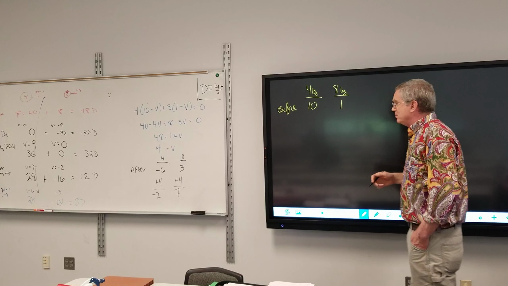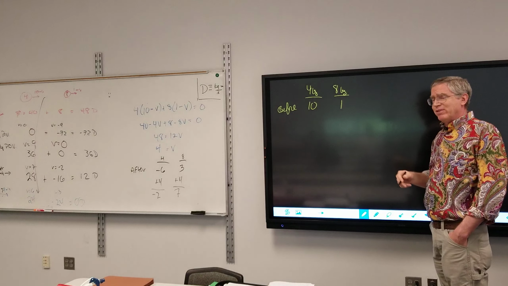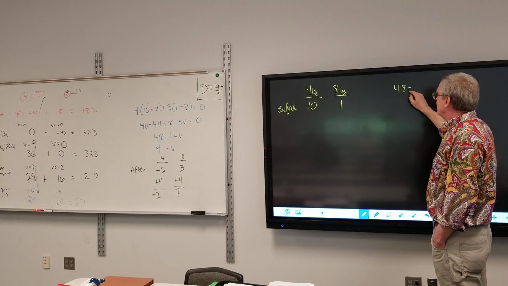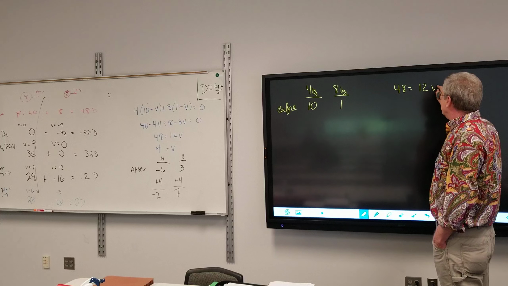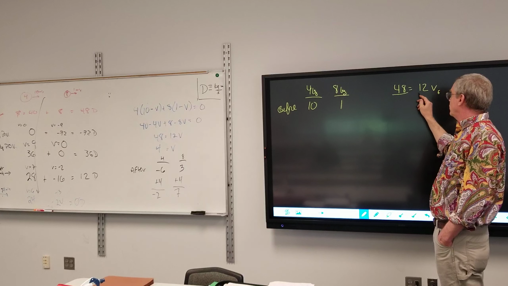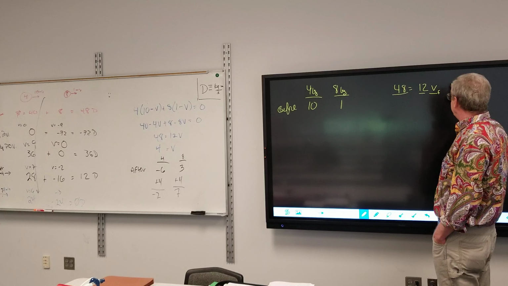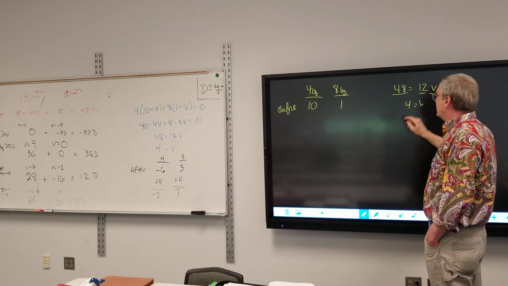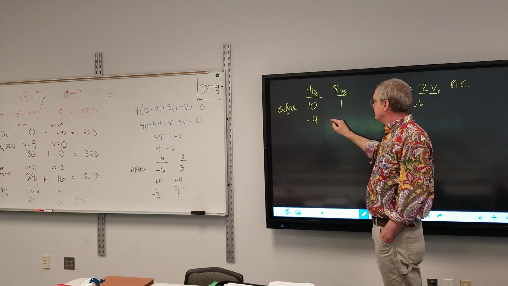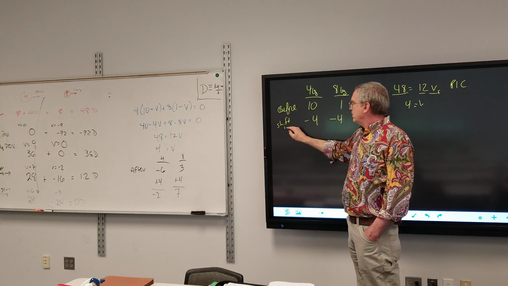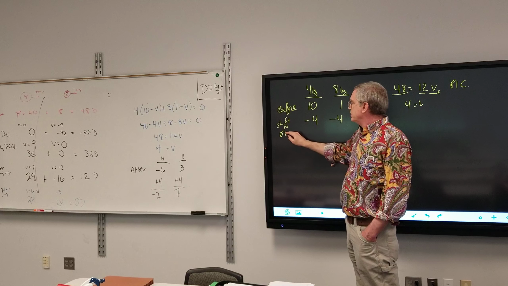It turns out, if I solve the perfectly inelastic collision problem, 48 is equal to 12 V final. My total momentum beforehand is equal to the total mass times the final velocity. This is the PIC problem. V is equal to 4, so I'm going to subtract 4. This is the shift to the 0 momentum frame.